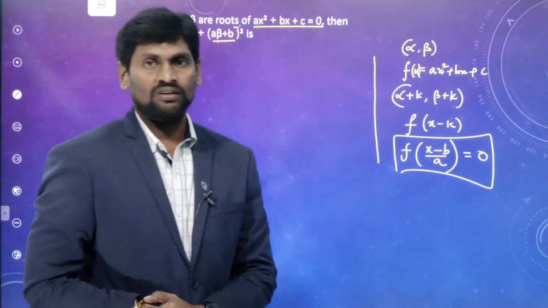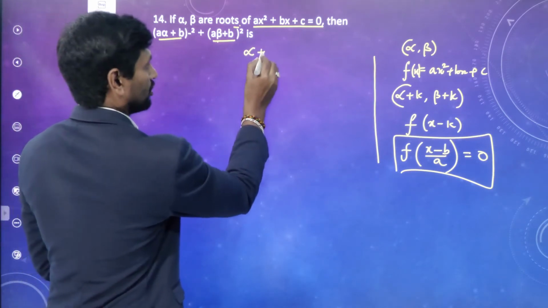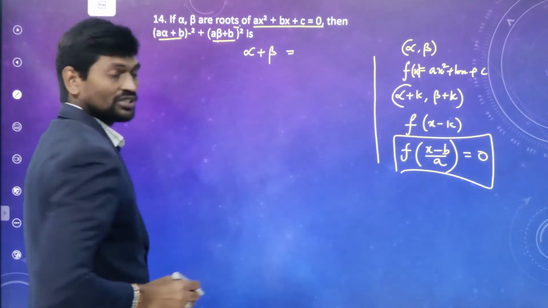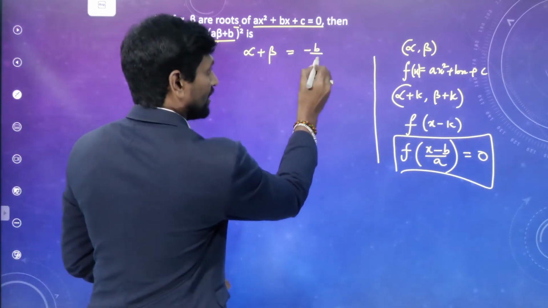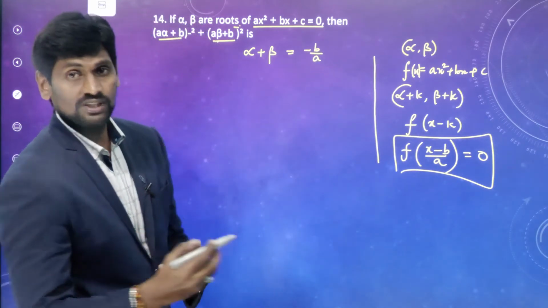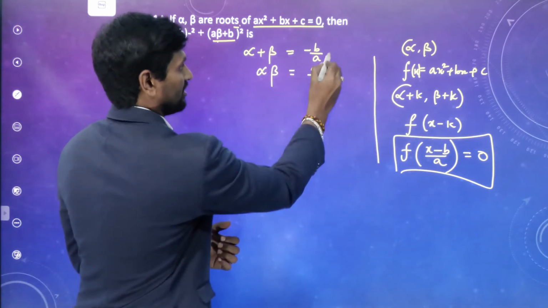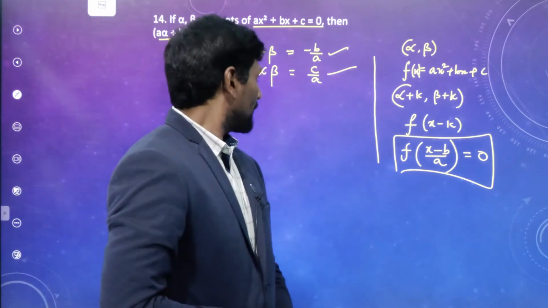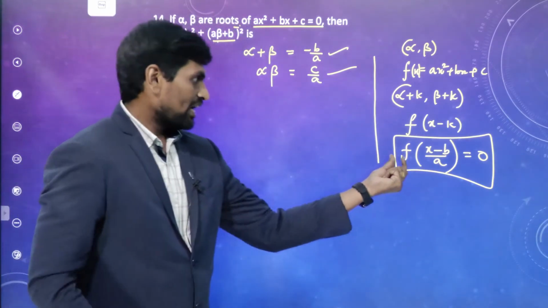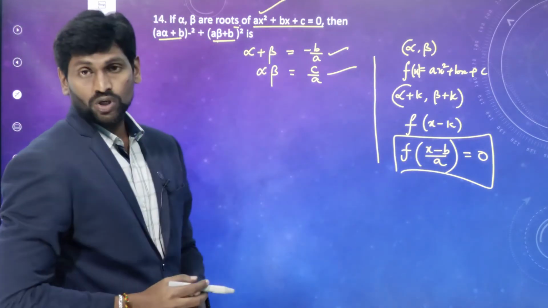Let us find that. Before that, if alpha, beta are roots, the sum of roots alpha plus beta is minus b by a. The product of roots alpha into beta equals c by a. These two we have learned from the start of the topic. Now let us substitute f of x minus b by a in the given quadratic equation.